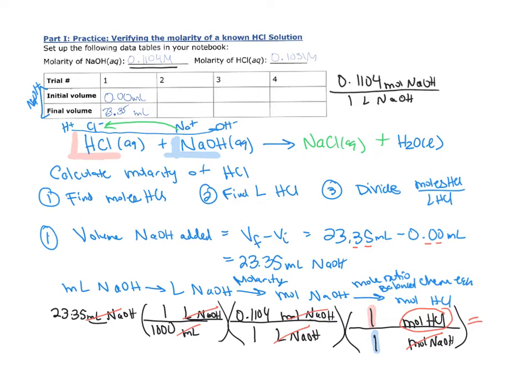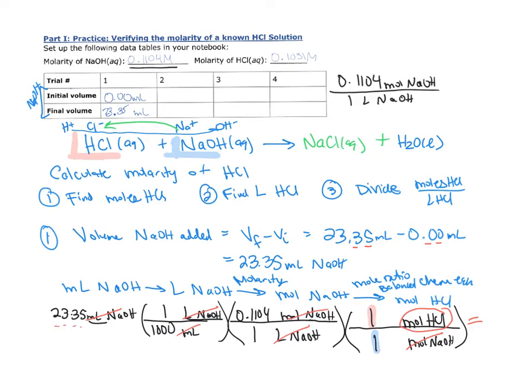So on my calculator, I'm going to type in 23.35 divided by 1,000 times 0.1104. Enter. And we do indeed want 4 significant figures, right?